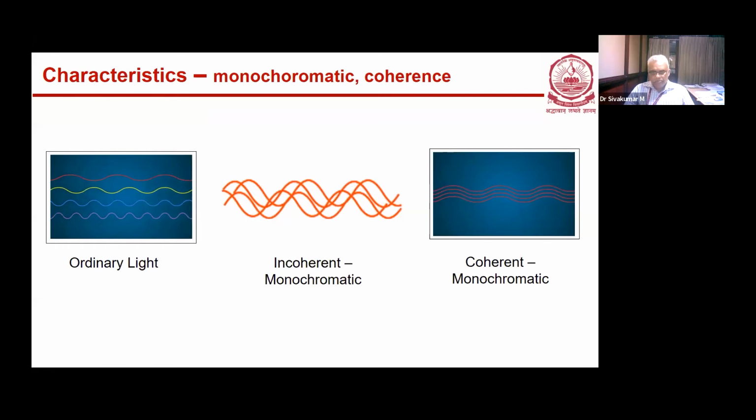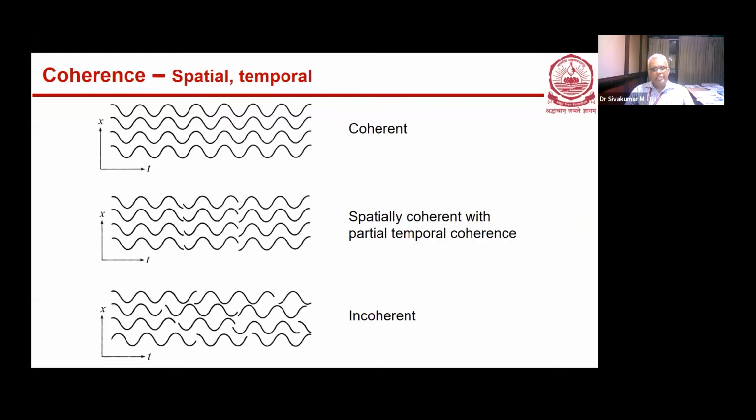This is to understand the 2 types of coherence, spatial and temporal. The first one, coherent, we have already seen in the last case. In the case of spatial coherence, these waves are in space, and these 4 waves are coherent spatially. But temporal means with respect to time.